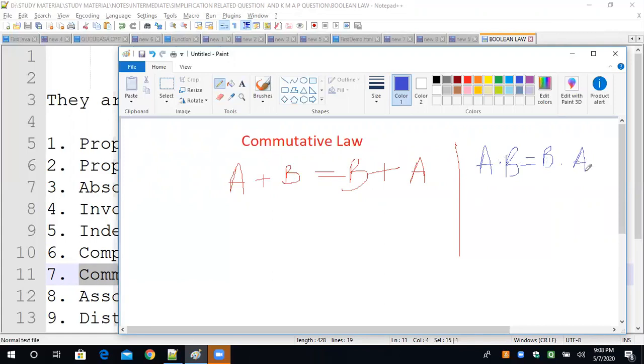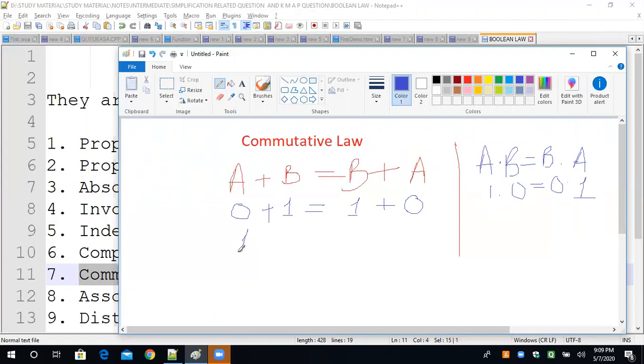Okay, no problem. I'm just interchanging the position. So 0 plus 1 is equal to 1 plus 0. It will be absolutely the same. Or here 1 dot 0 is equal to 0 dot 1. You will get the same answer.